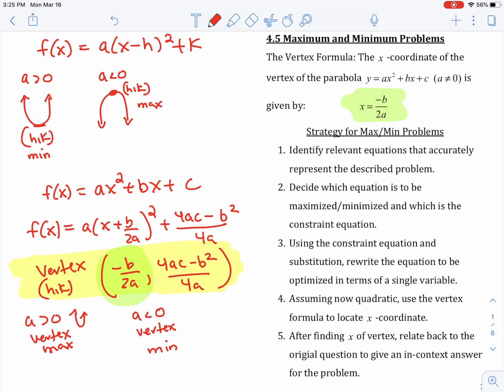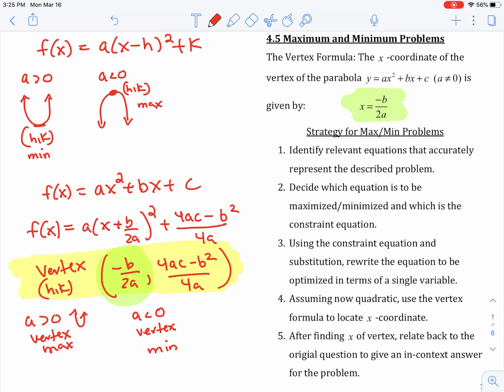As we do these max-min questions, you're going to be asked to find something about a maximum or minimum, but you're going to be given constraints. Constraints meaning I have so much fencing and I need to determine the maximum area. So my constraint is the specific amount of fencing that I'm allowed to work with. And we're going to use all of that information in order to form an equation that we can then solve for our maximum or minimum or whatever it is that we need to be solving for.